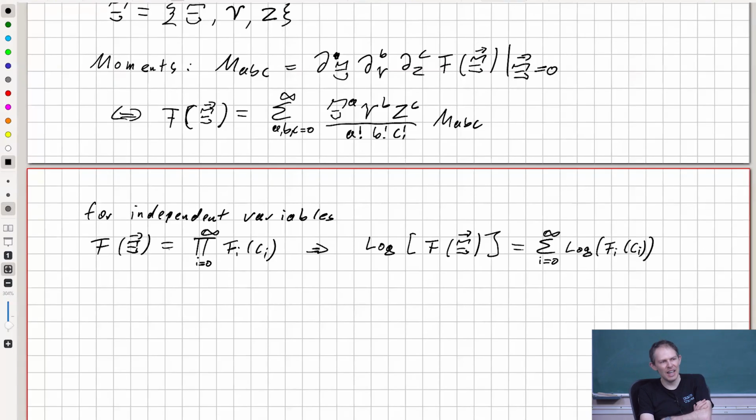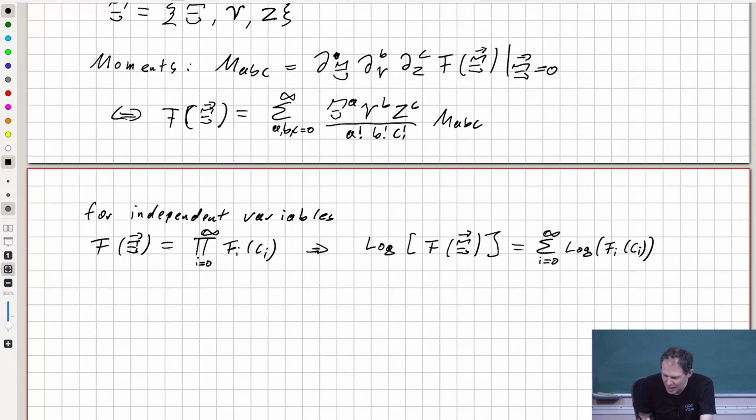And now you can see that if you take the Taylor expansion of the logarithm instead of the function itself, the coefficients thereof are now by design independent variables, right?